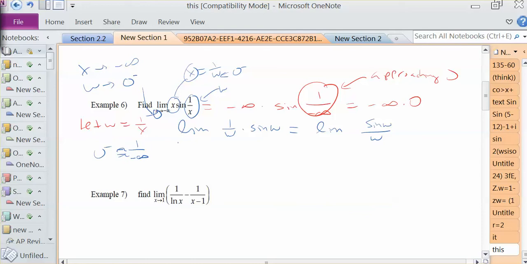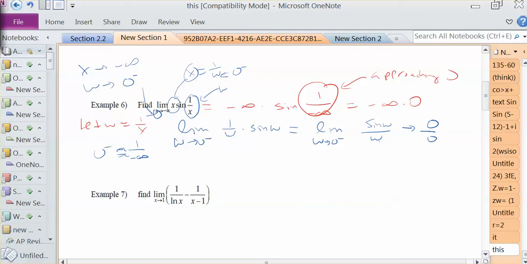So we have this. Okay, so now we got sine w over w, which of course is an indeterminate form, 0 over 0, as w is approaching 0 from the left.